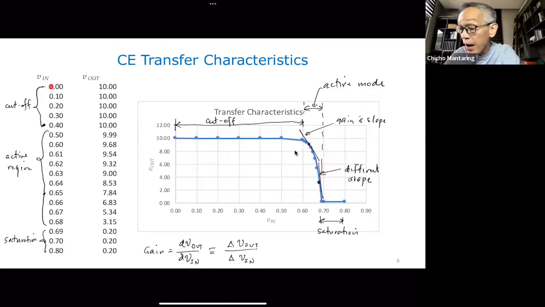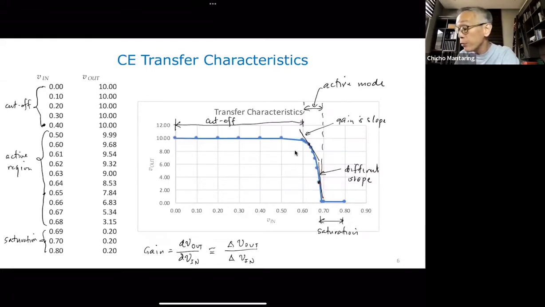This V in will not vary by that much if you are using this as an amplifier, and therefore within the variation at this point, you can just assume that the gain will be constant. Just like here, within the variation at this point, you can just assume that the gain will be constant. So that is the assumption.